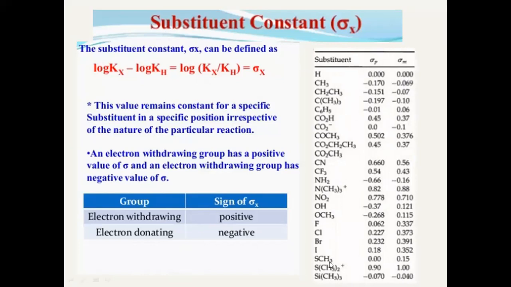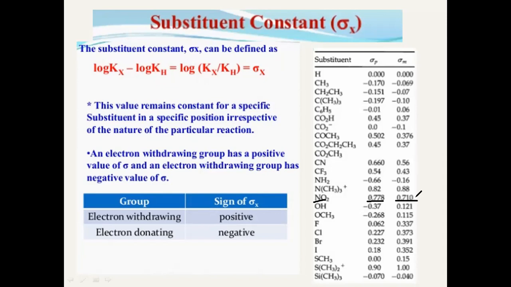These are the substituents. If substituents are present at the para position, that's called sigma p, and if substituents are at the meta position, it is called sigma m. Now, if you think about a nitro group present at the para position, its value is 0.778, and at meta it is less, 0.7.